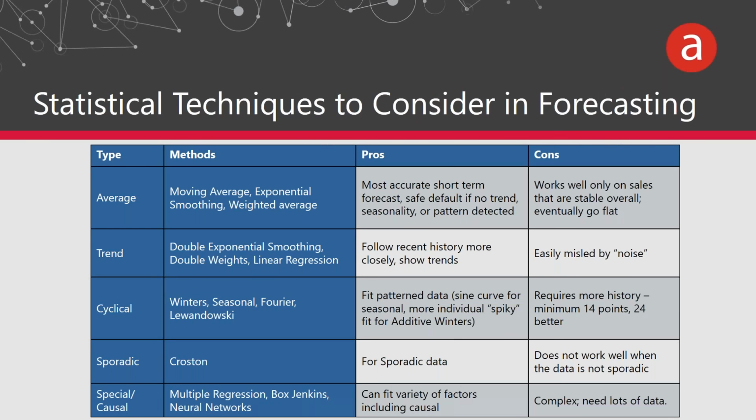However, one of the good functionalities and features in Arkieva that I will show you is that the Arkieva engine that runs the statistical forecast calculations can make use of a group of these methods and pick the best. That way, as a planner, I don't need to run them one by one or do any analysis on the side.